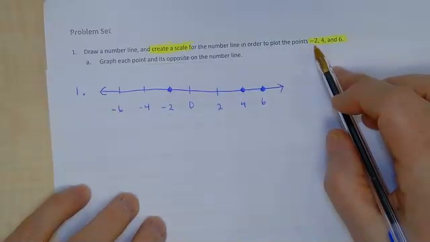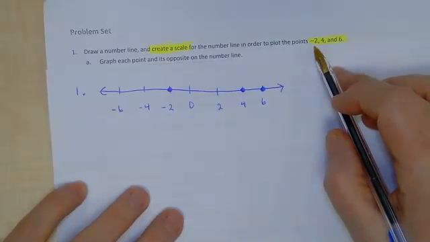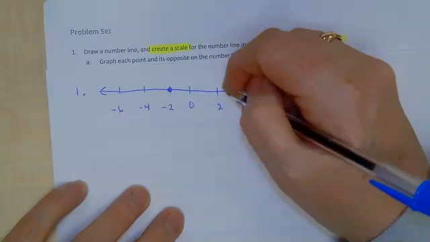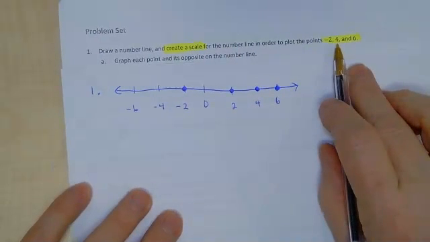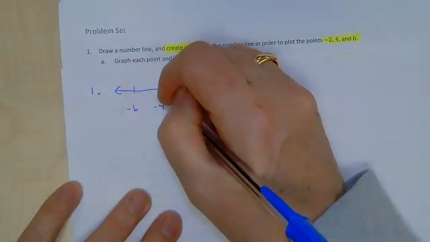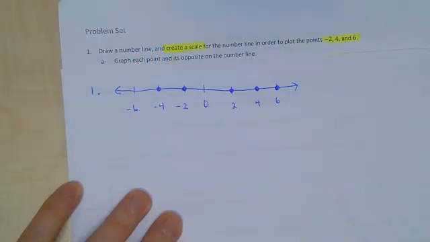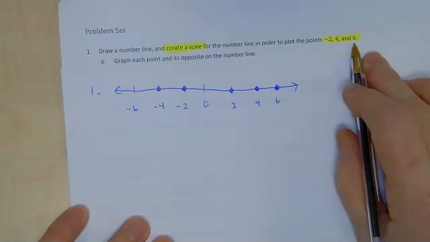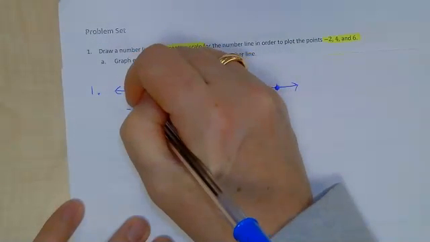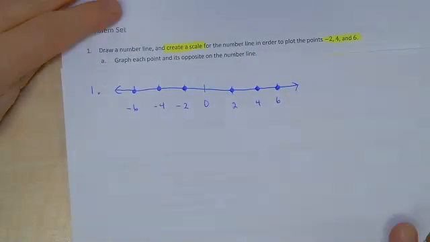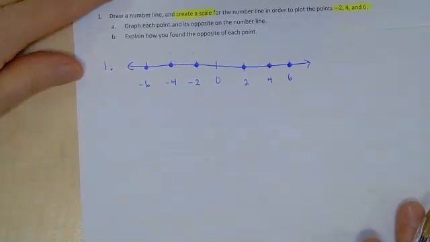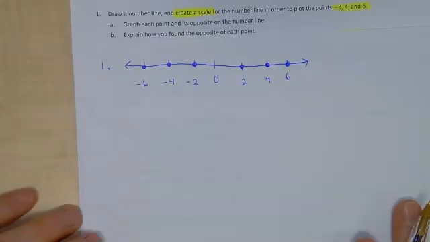What's the opposite of -2? +2. What's the opposite of +4? -4. What's the opposite of +6? It's -6.